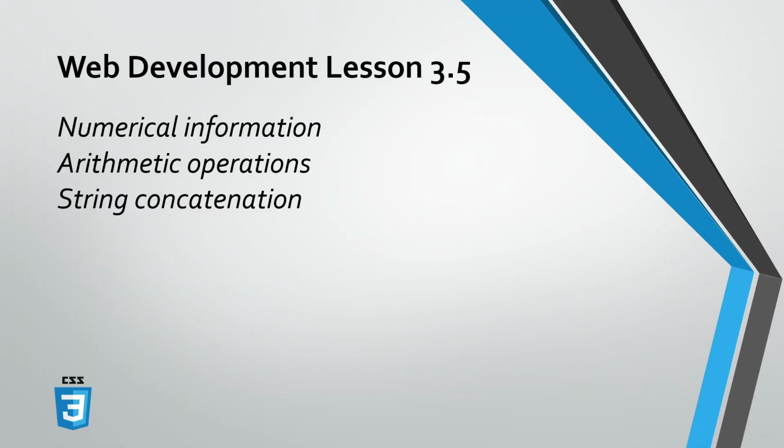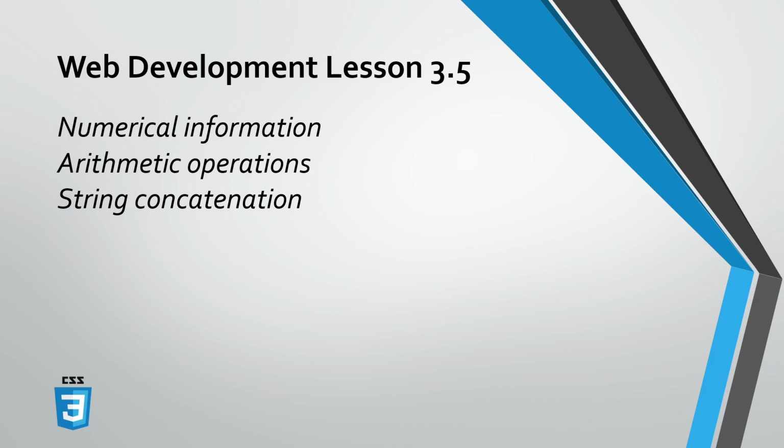So in this lesson, we saw that text inputs return string information regardless of what the information actually is inside the text input. In order for us to work with numerical information, we have to use the parseInt or the parseFloat functions to convert that information from a string to an integer or a float.